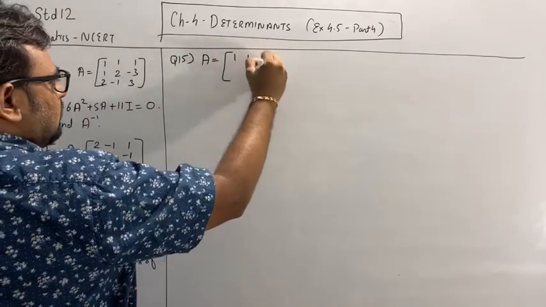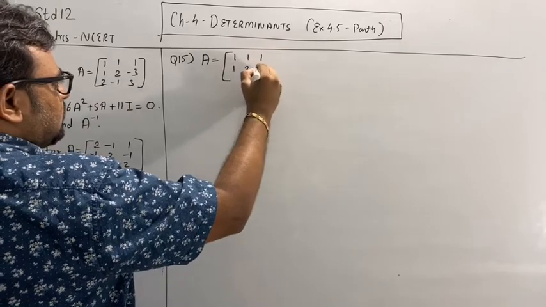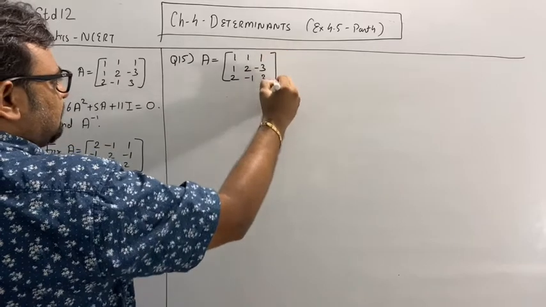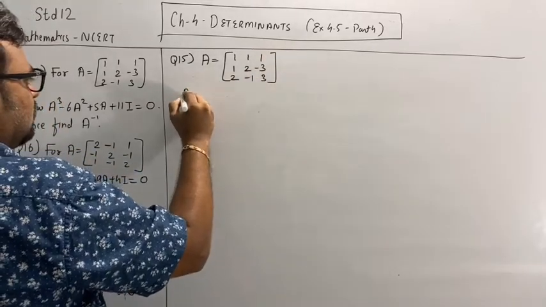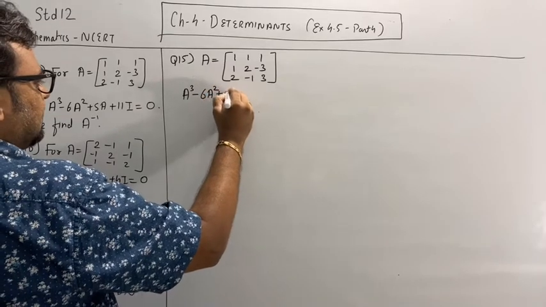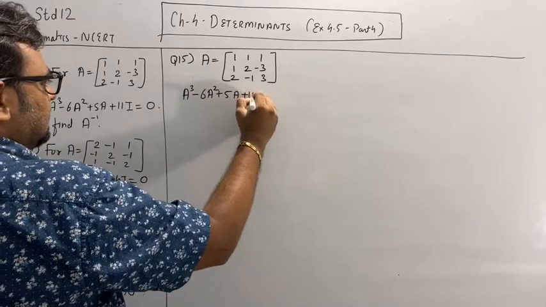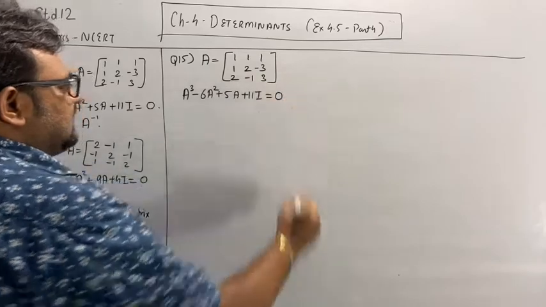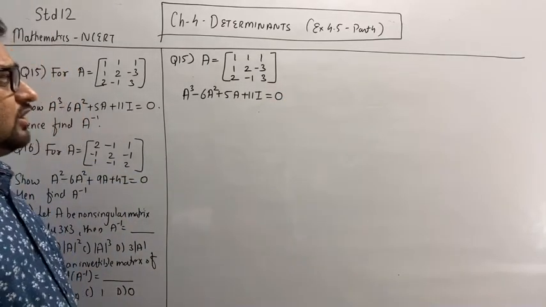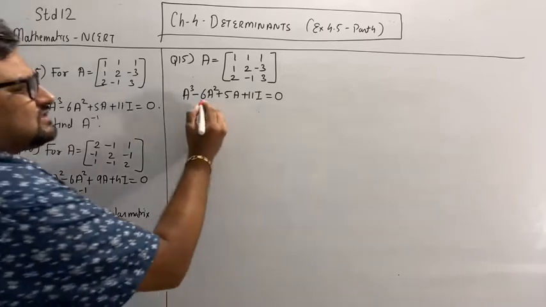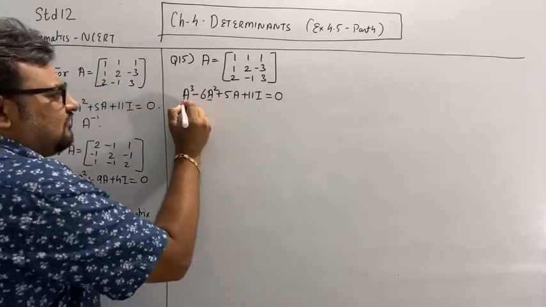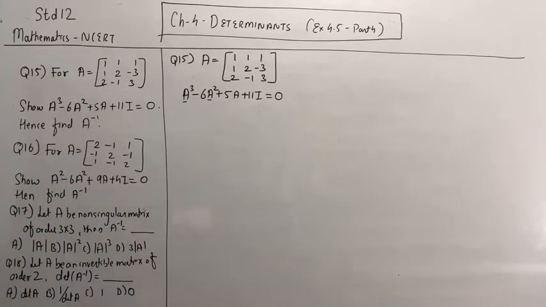Matrix A is 1 1 1, 1 2 minus 3, 2 minus 1 3, and we have to prove A cube minus 6A square plus 5A plus 11I equals the 0 matrix. So first let's find A square and then we will find A cube.